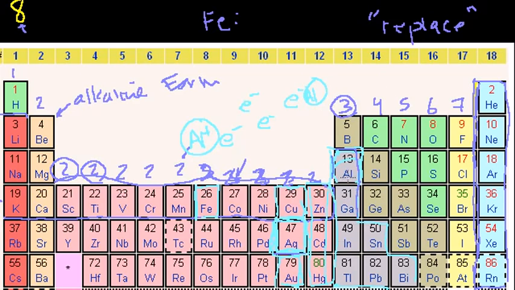And as you can see, as you go down the periodic table, you can have metals that have more and more valence electrons. So for, let's say, lead, it's still a metal even though it has 4 valence electrons, and that's because the atom is so big, its radius is so large, that the outermost shell is so far away from the nucleus that those electrons are easier to take off.